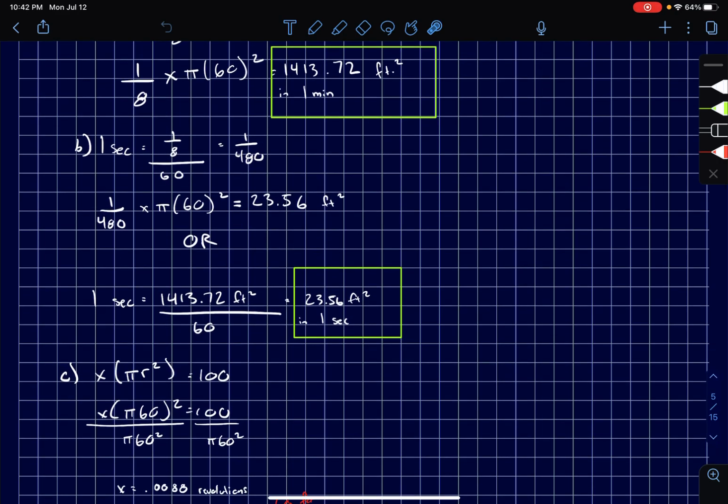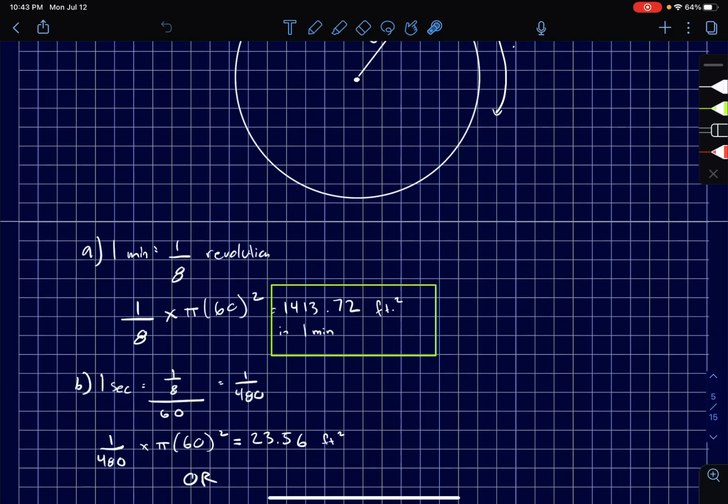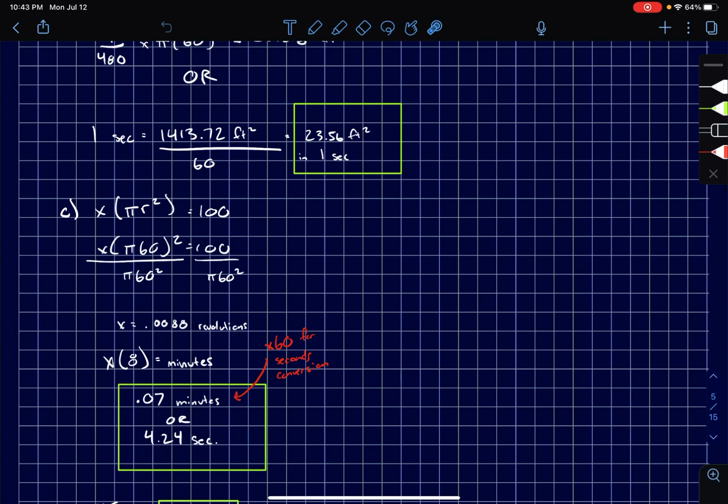All right, and part C asks, how long would it take to cover 100 square feet of charcoal with water? Again, I think the easiest way is understanding that some portion of the circle's area is going to equal 100. We know that the area is pi r squared.